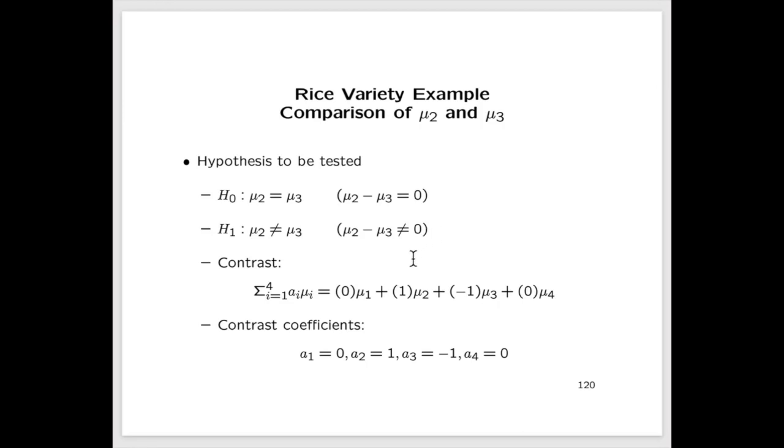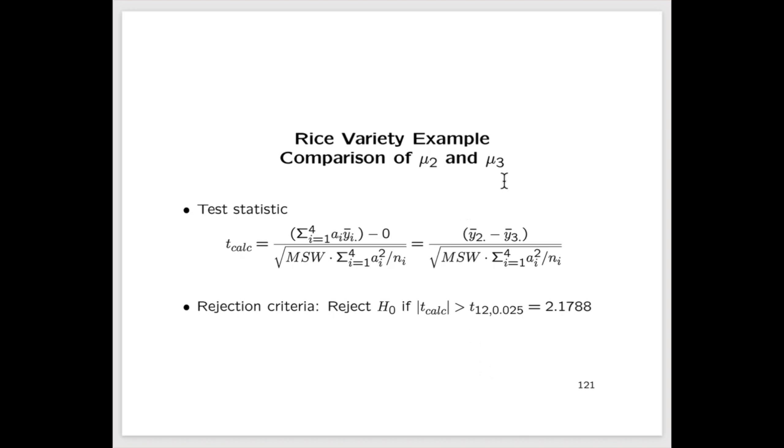The contrast that we're testing here is 0 times mu1 plus 1 times mu2 plus negative 1 times mu3 plus 0 times mu4. And so the coefficients that define this particular contrast are a1 equal to 0, a2 equal to 1, a3 equal to negative 1, and a4 equal to 0.